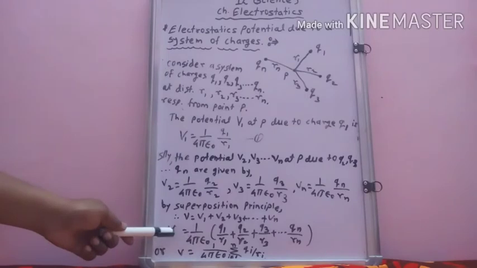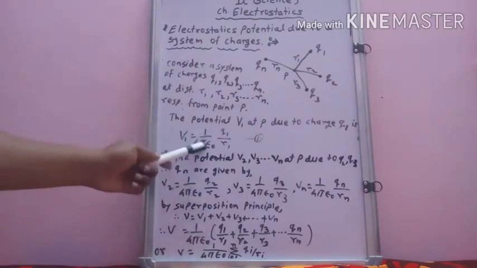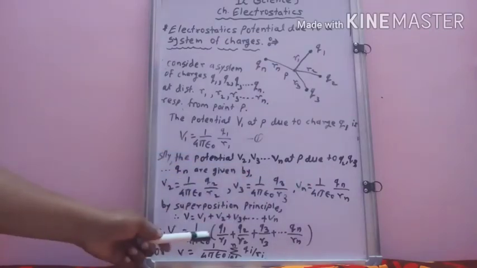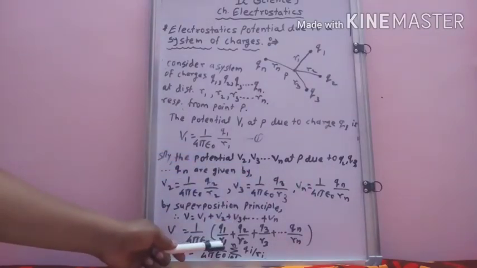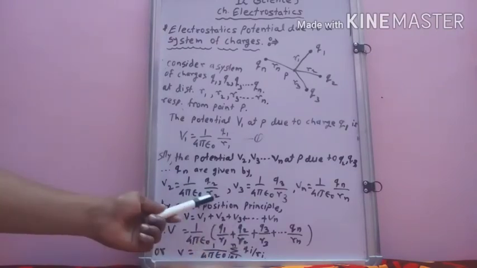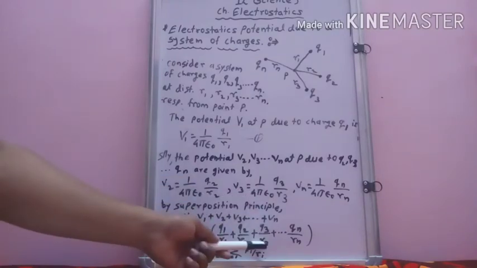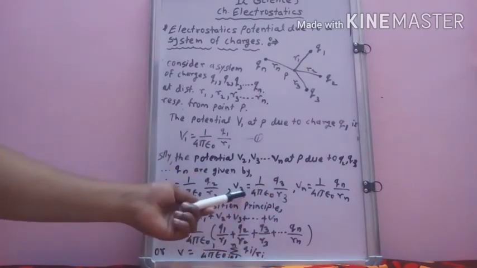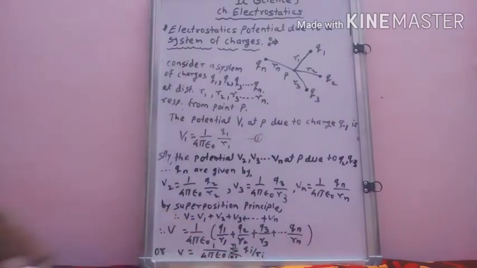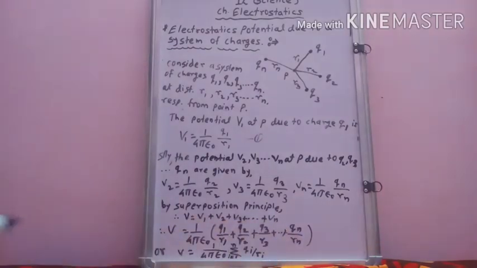Therefore we can write V is equal to 1 upon 4 pi epsilon naught, a common term, times the bracket Q1 upon R1 for V1 plus Q2 upon R2 for V2 plus Q3 upon R3 for V3 and so on plus Qn upon Rn for the nth charge.